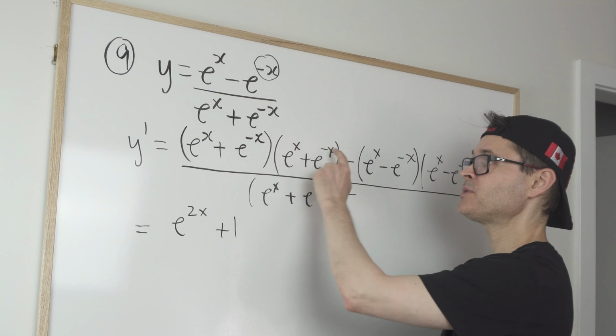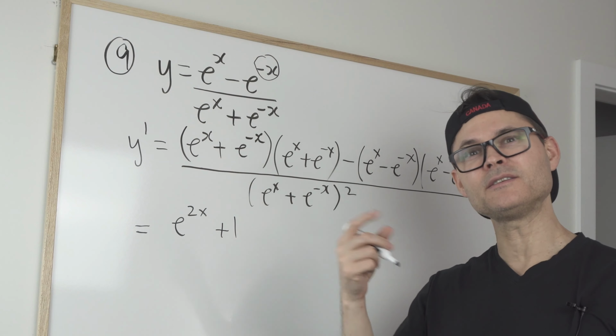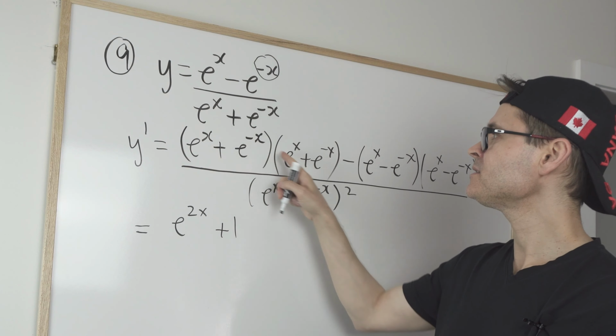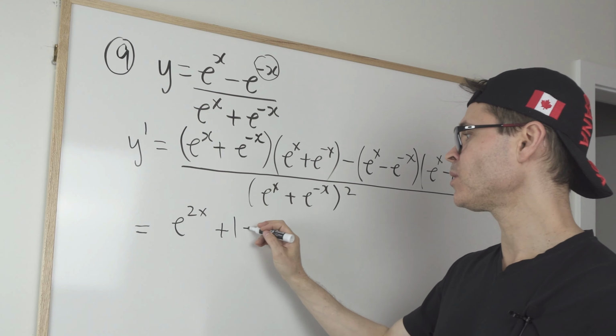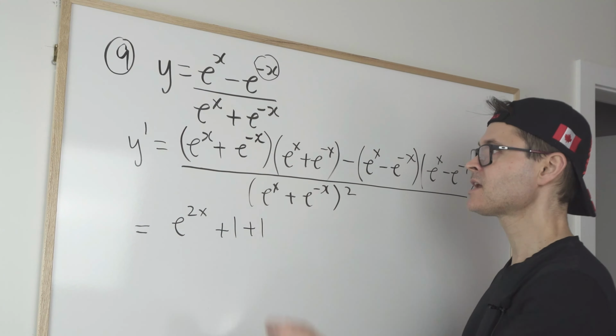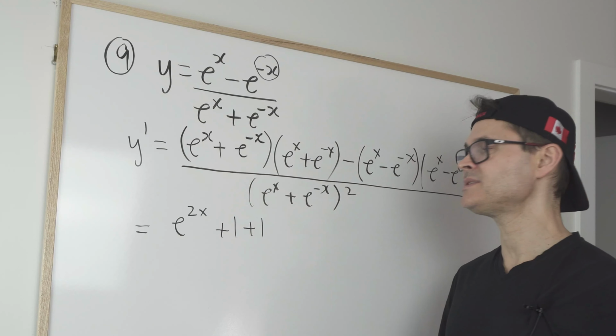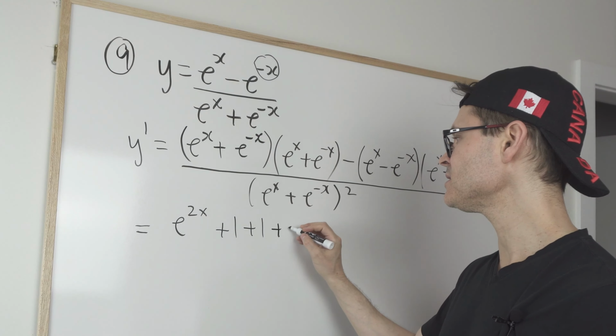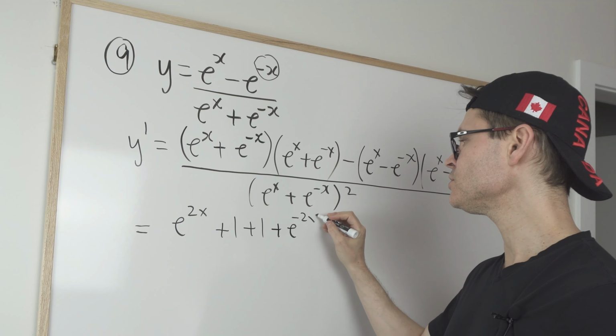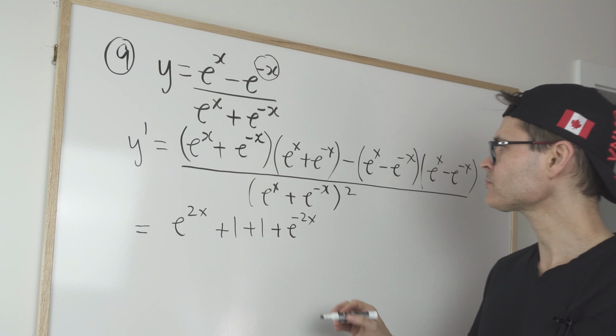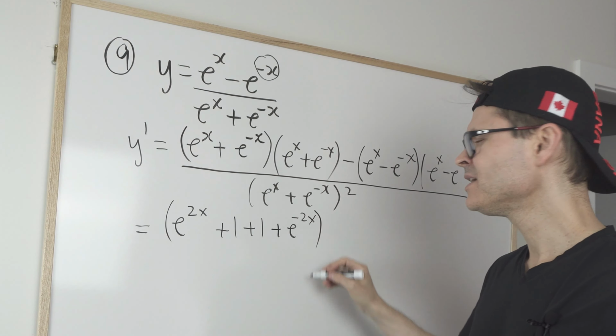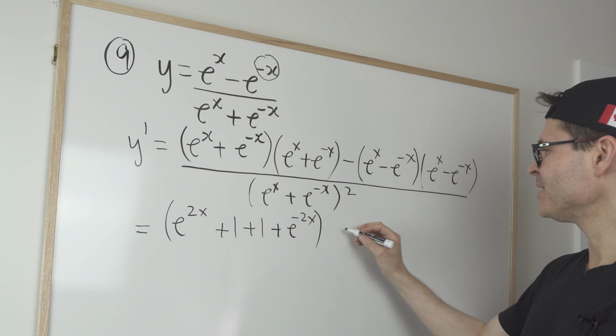Because if you add x with negative x, you get 0. E to the 0 is 1. And then e to the negative x times e to the x, well, that's 1 as well, plus 1. This is kind of nice. And then e to the negative x times e to the negative x is going to be positive e to the negative 2x. Okay. Usually these are set up to simplify not too badly.